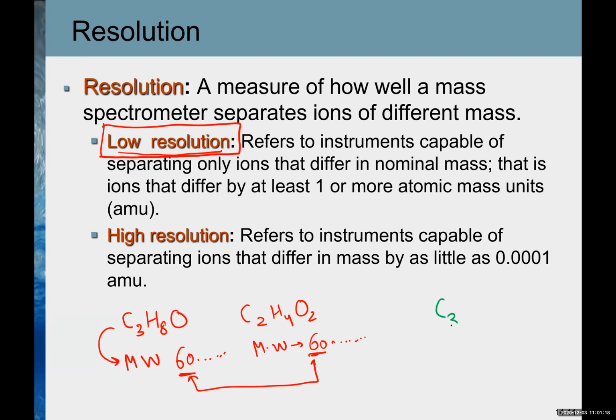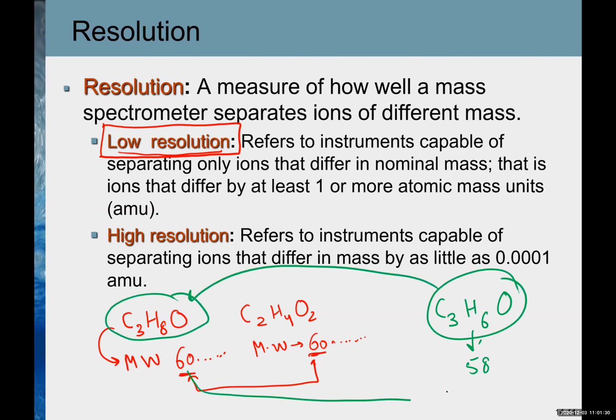If I have this molecule C3H6O, its mass is 58, right? Now this one and this one, because now it is different by 2 AMU, right? The difference is 2 AMU. These two will be separated.